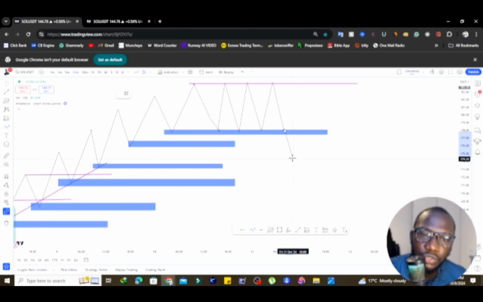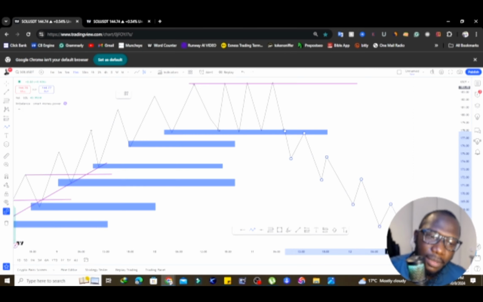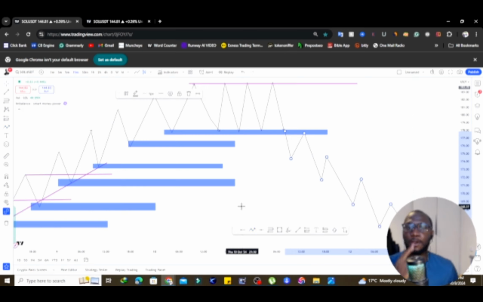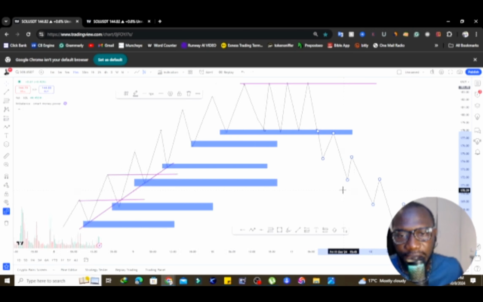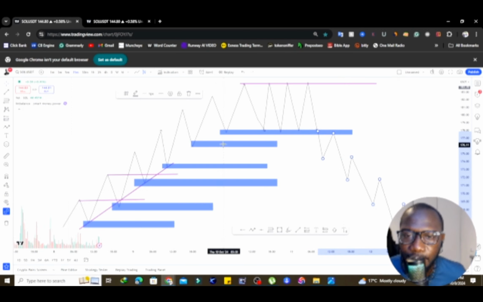The market will break the zone, retest here, create a lower low, a lower high, a lower low, a lower high, a lower low, just like the way the market was going up. Now this is market structure basically. So when we see this, we can take trades like this. Let me show you guys.